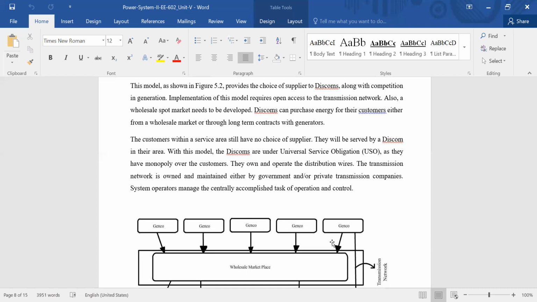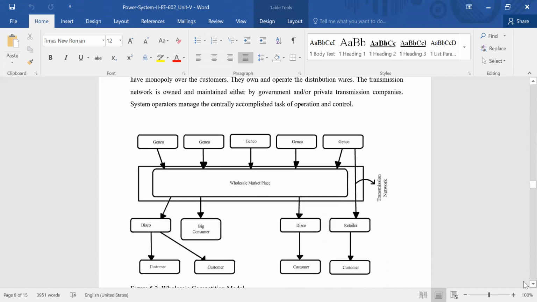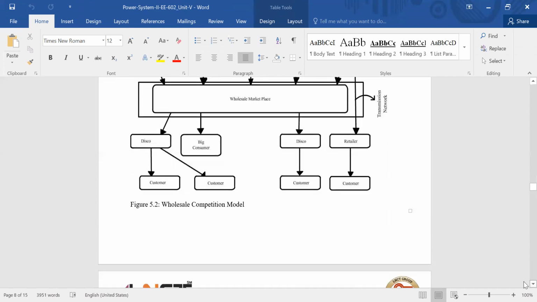They own and operate their distribution wires. The transmission network is owned and maintained by government and or private transmission companies. System operators manage the centrally coordinated task of operation. This is the transmission network, retailer, and all that.